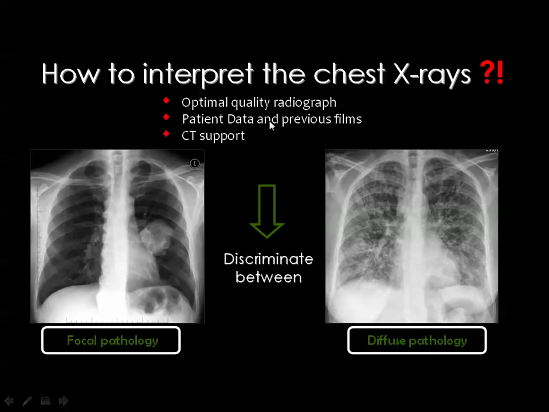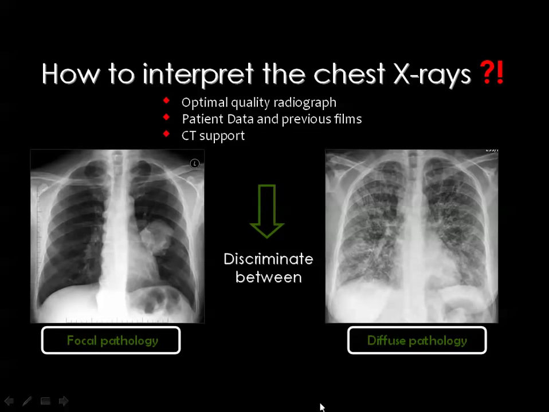Number two, being a physician, you should have the clinical data of the patient, the complaint, the symptoms, the laboratory findings. If you have the chance to have the previous films, this will be a good opportunity for comparison.